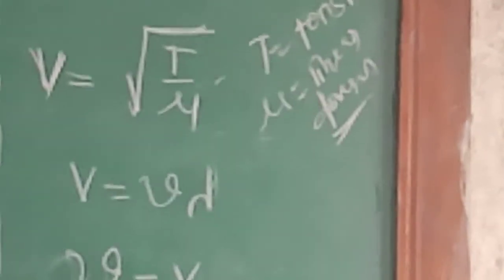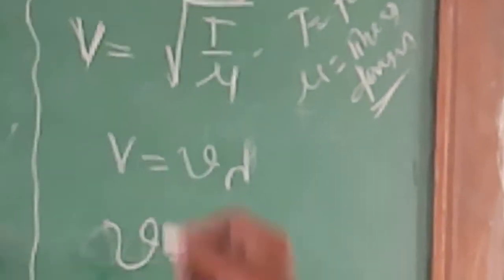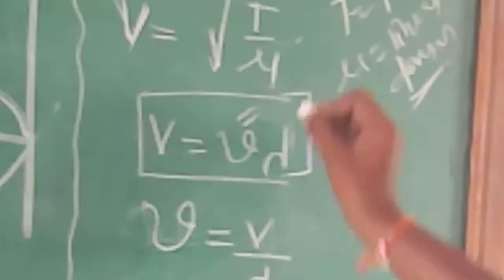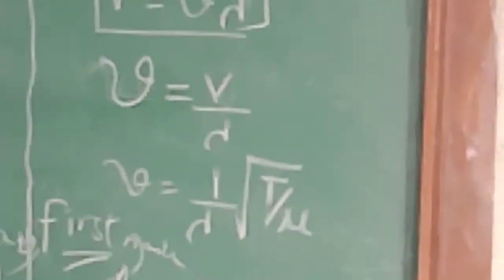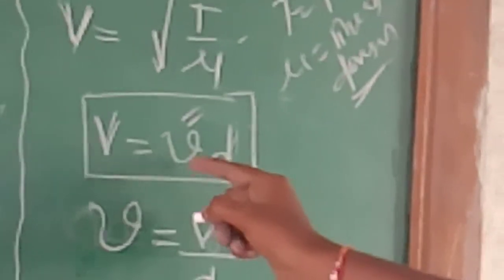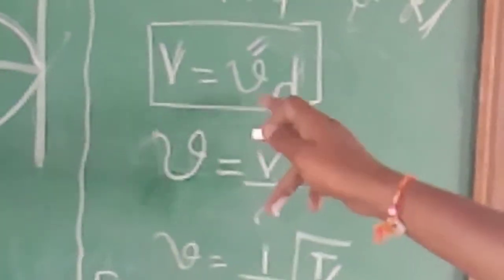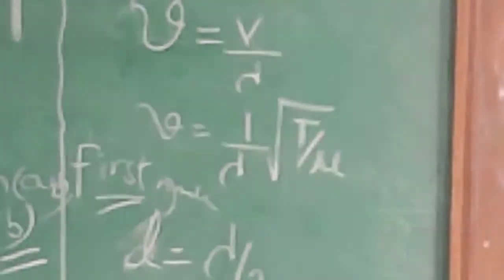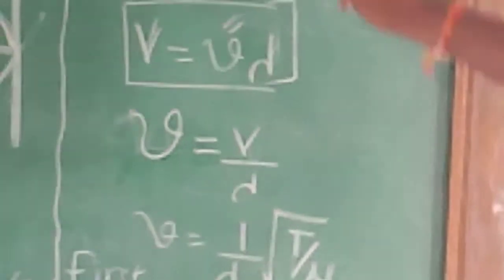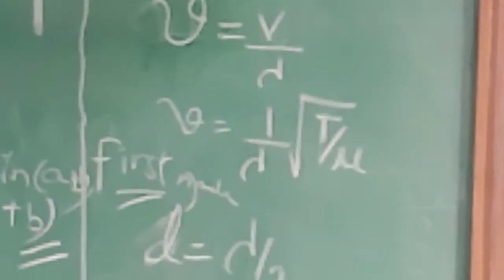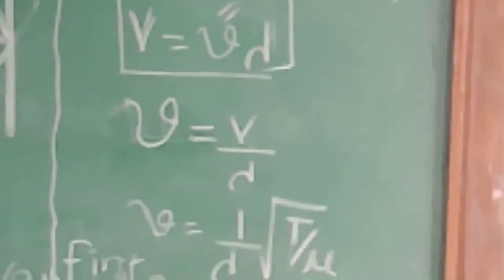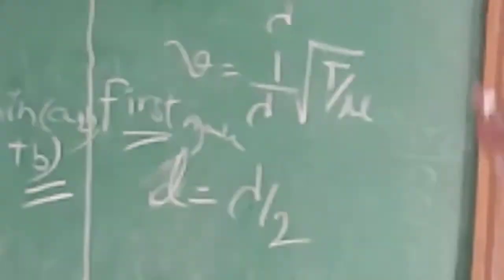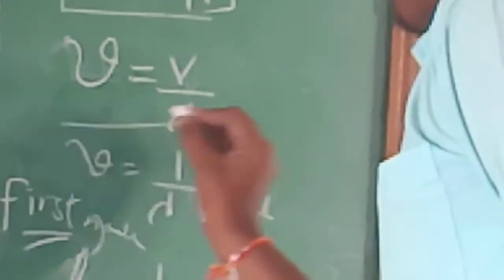We know the velocity of a wave with frequency nu is V equal to nu lambda, so the frequency is V by lambda. Substituting V, the frequency can be written as 1 by lambda into the square root of T by mu.